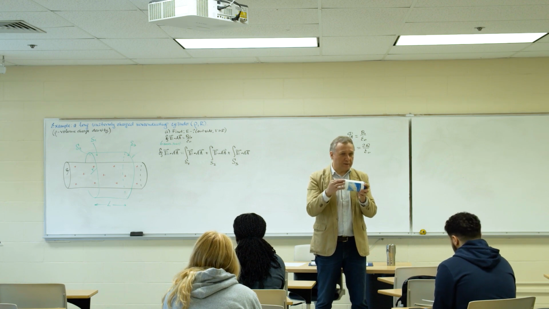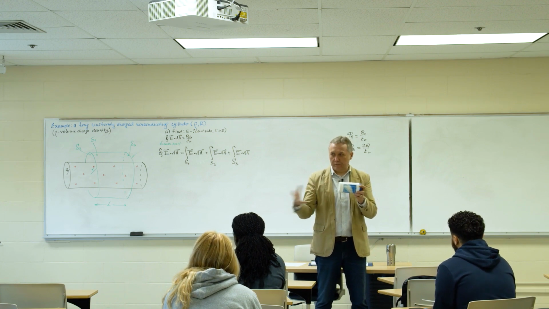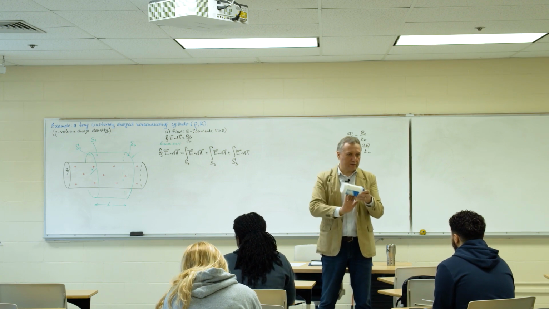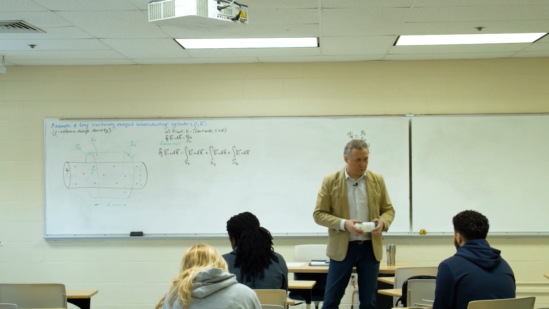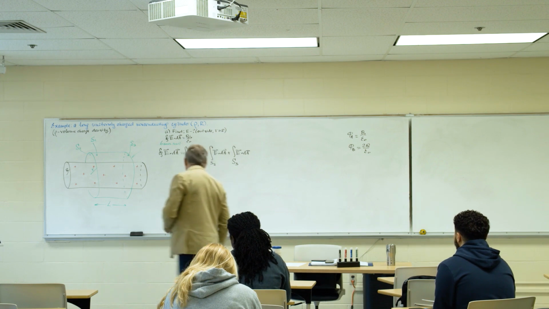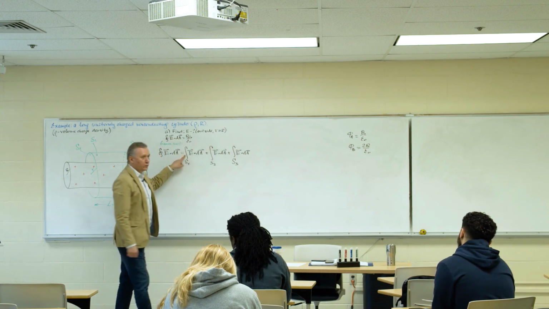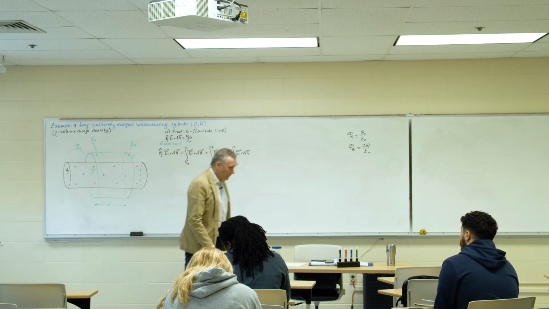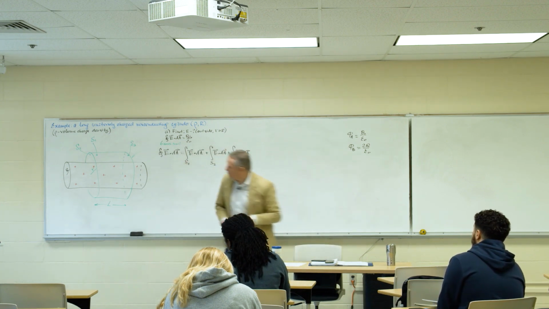But by itself, this side is an open surface. By itself, this side is also an open surface. And by itself, the cylinder is also an open surface, right? So that's why over here, strictly speaking, from the mathematical point of view, we shouldn't be writing a circle in the middle of the integral, right?